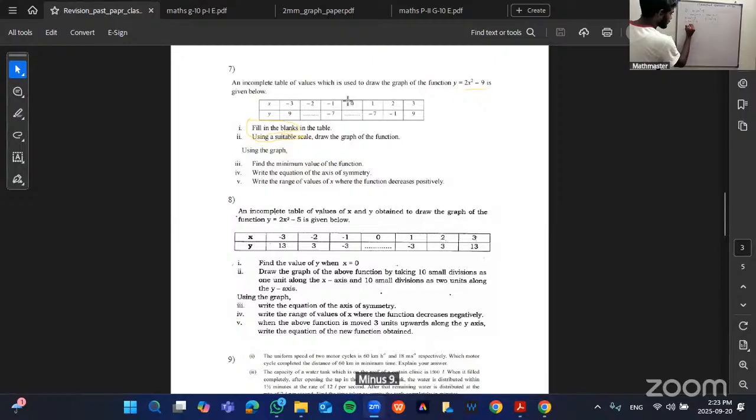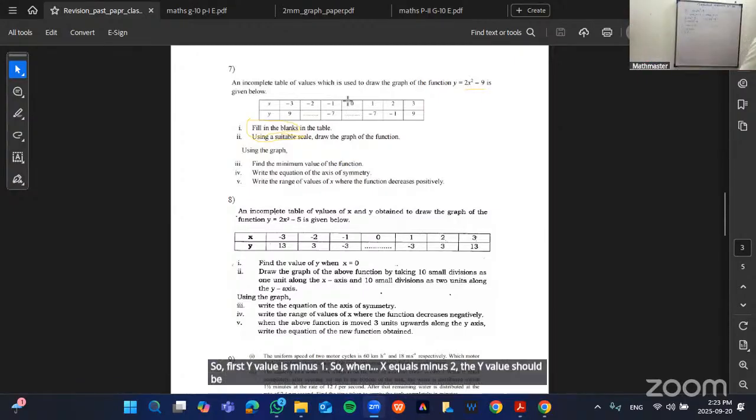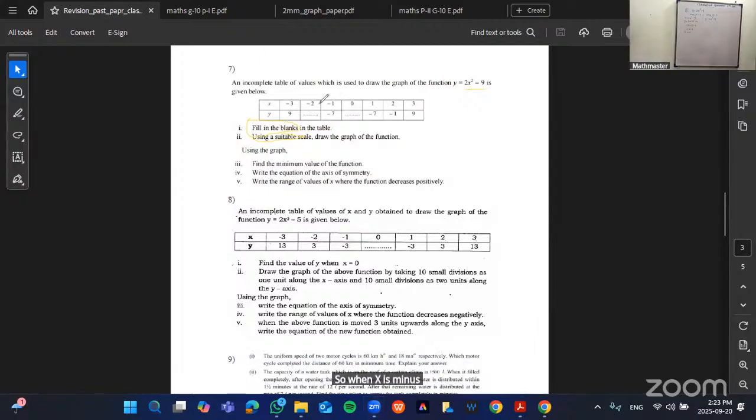Minus 2 squared is plus 4, so 2 into 4 minus 9. 2 into 4 is 8, and 8 minus 9 means minus 1. So when x is minus 2, the y value should be minus 1.